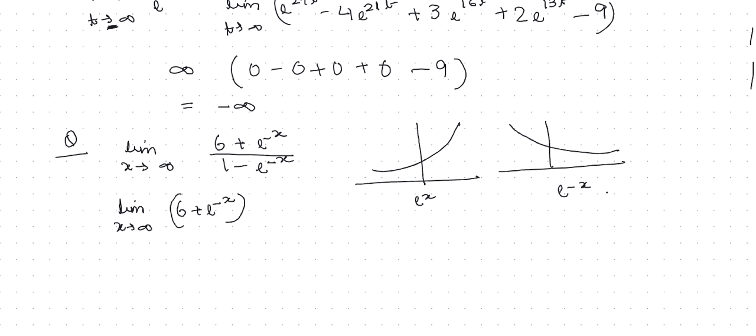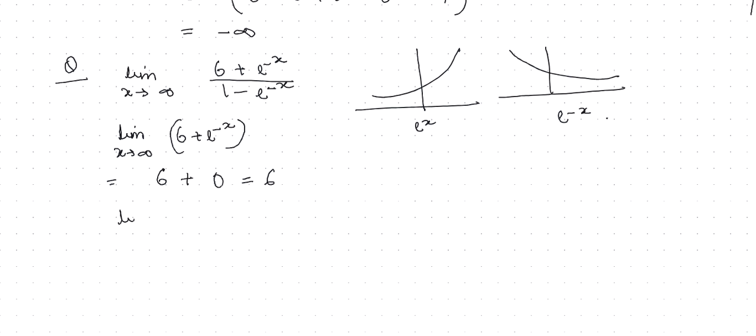So this gives us 6, and as we see here, the limit as x tends to infinity of e raised to power minus x is 0. So we get the numerator 6. Now let us do the denominator.